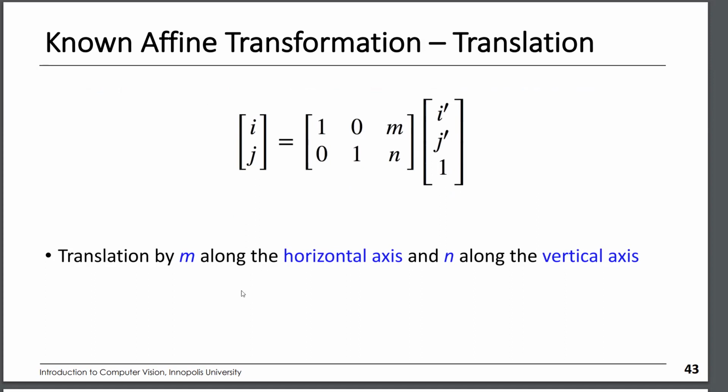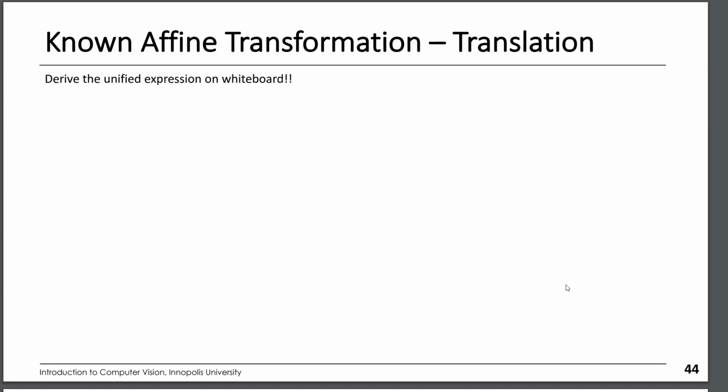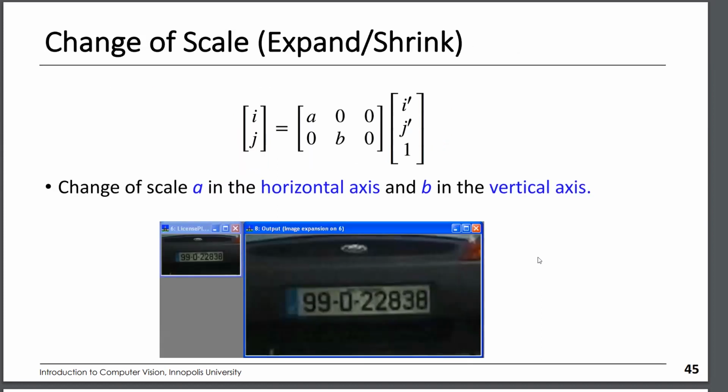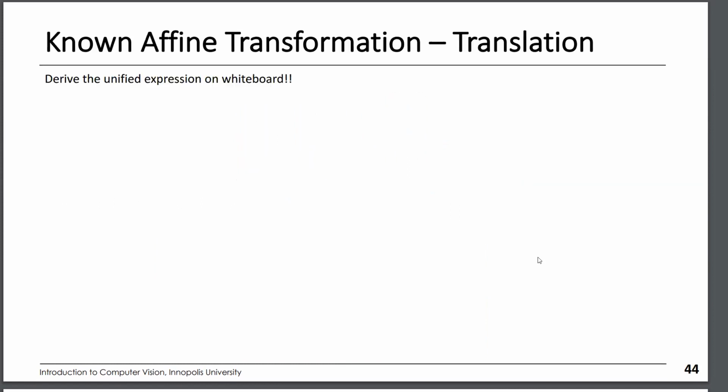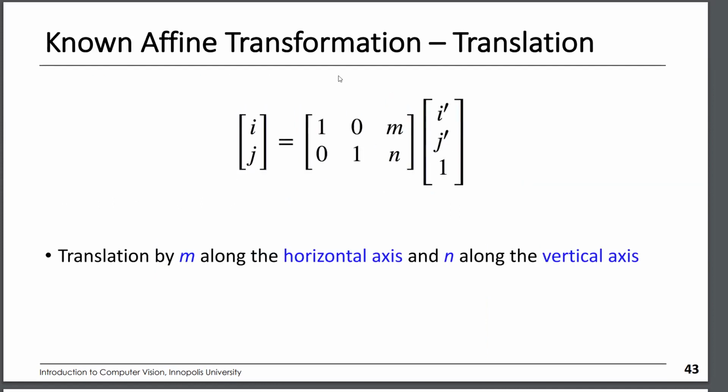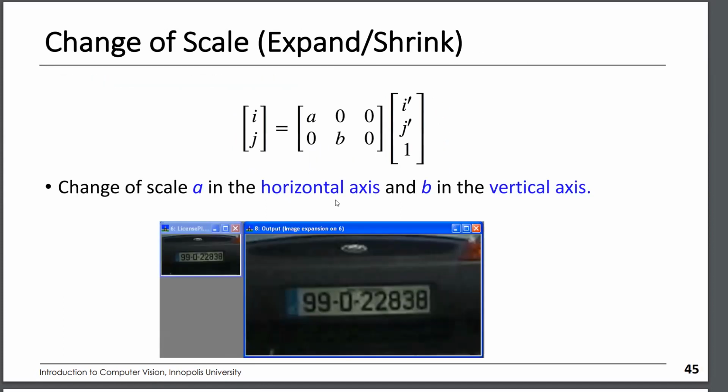This allows you to translate by m values along the horizontal axis and n values along the vertical axis. So basically, this is what it does to your model, right? This is one example that can shift or basically translate your image in a certain direction.